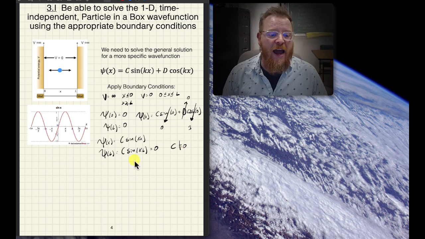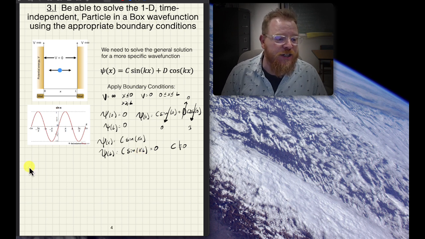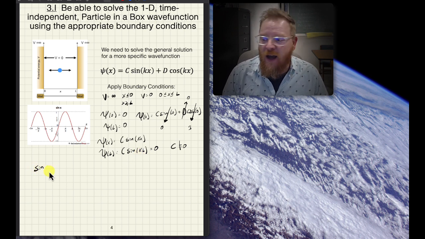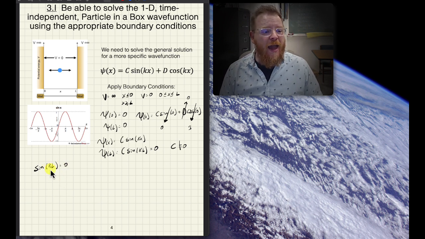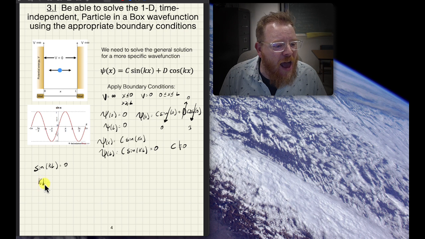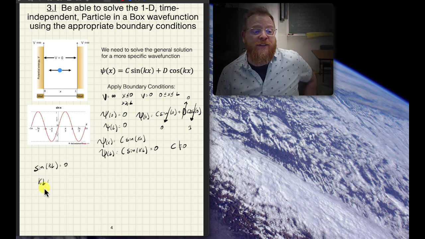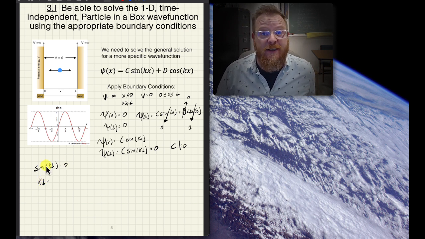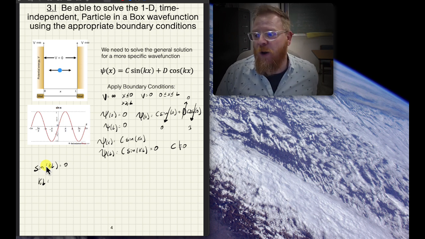So now what we have to do is find a condition in which the sine of KL equals 0. And so that means KL is going to have to be equal to something that gives us sine equaling 0.